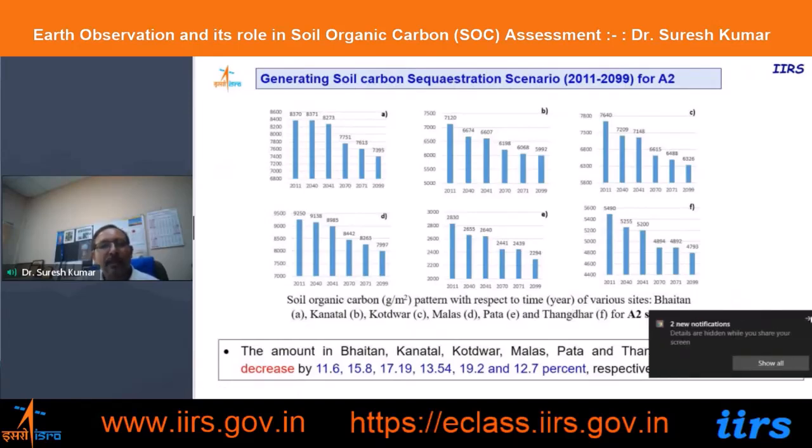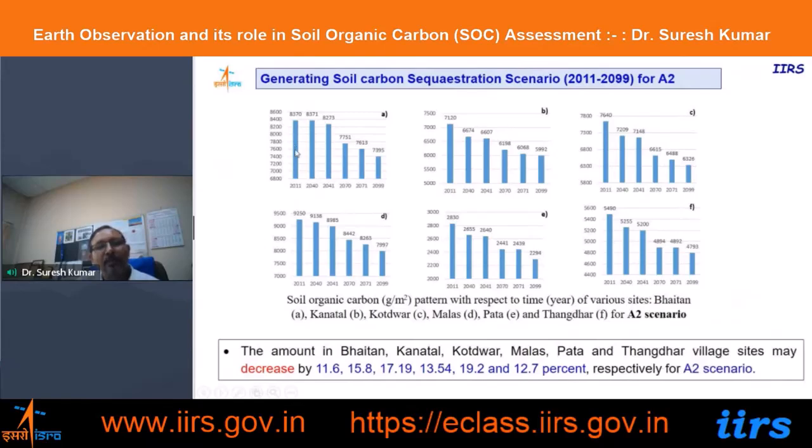Here we have taken six soils, and in every soil we found that the carbon content is going to decrease in the Himalayas. You see 2011, 2019, or 2100, and it is continuously decreasing, because of the increase in temperature and increase in rainfall.